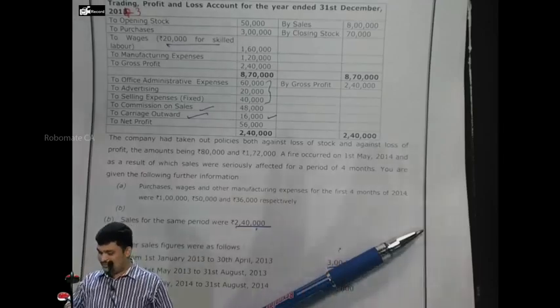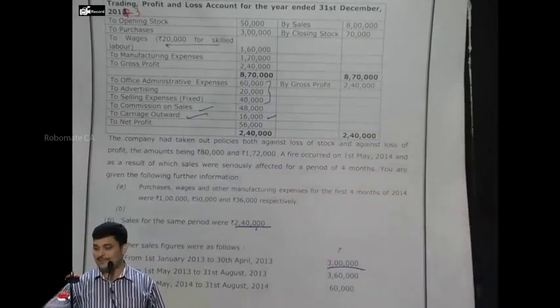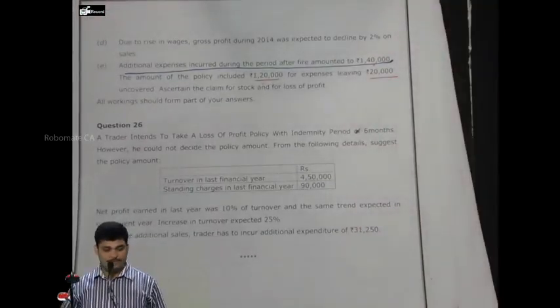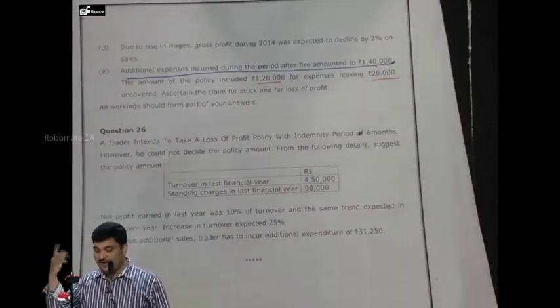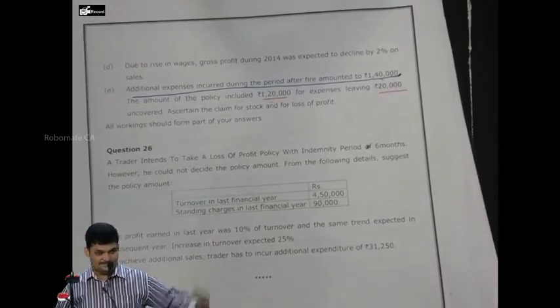Are you following? Anyway, these things are not the basis on which you decide insured this much, uninsured this much. It was very clearly given in the question what is insured and what is uninsured. What is insured? 1,20,000 covered by policy. What is uninsured? 20,000. Leaving out 20,000, uninsured. Understood? These are the points you should be knowing. Right? Okay.